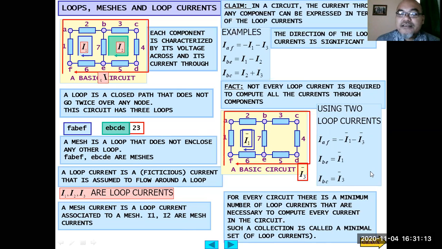For every circuit, there is a minimum number of loop currents that are necessary to compute every current in that circuit. Such a collection is called a minimal set of loop currents. It is similar to the KCL in node analysis, where there is a minimal set of voltages that we need to calculate in order to obtain every node voltage in the circuit.